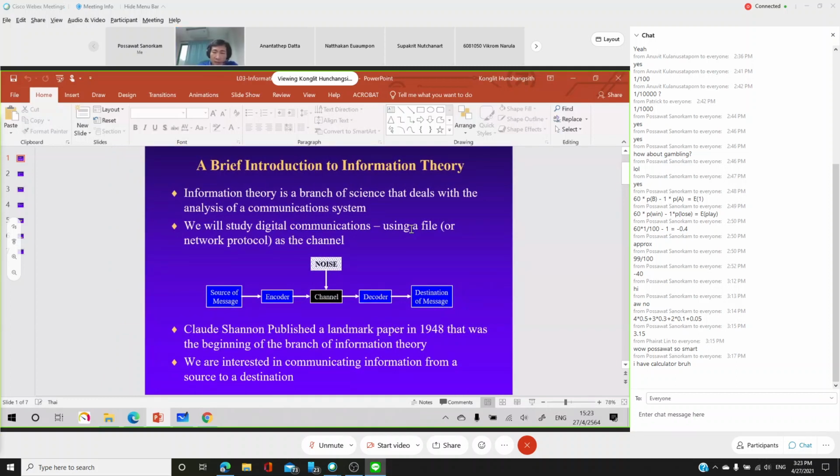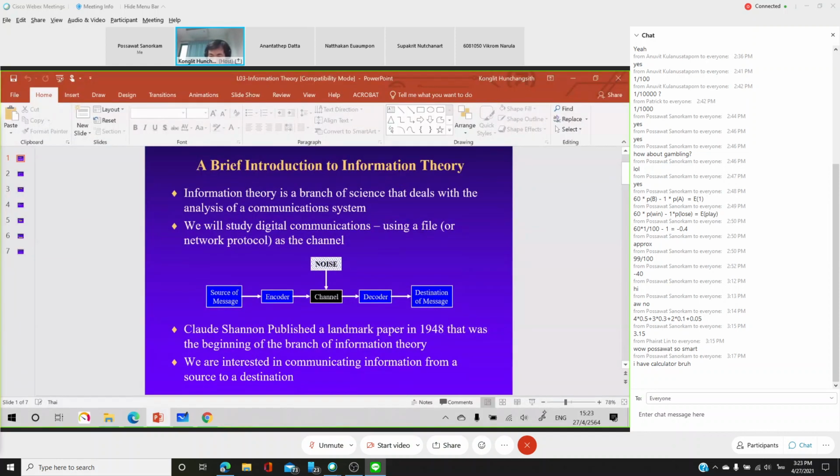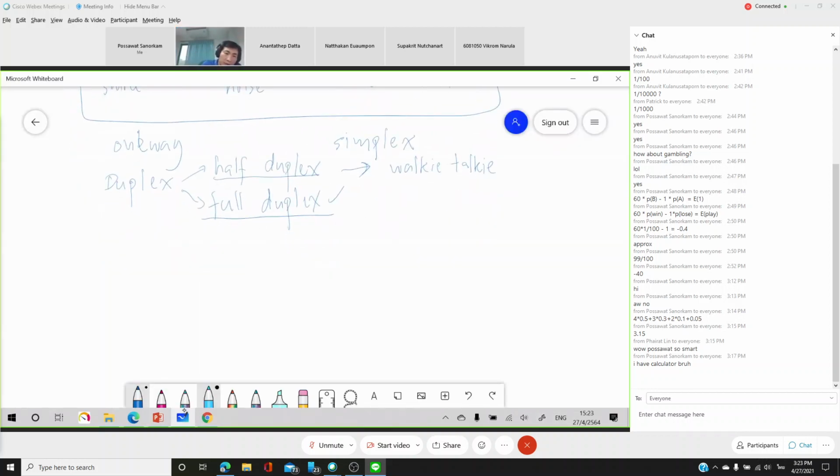So we have the term information, we have the term data, and we also have the term signal. We're going to talk about information here.